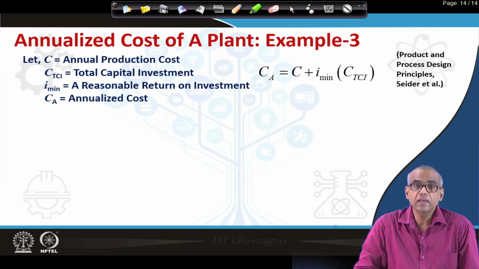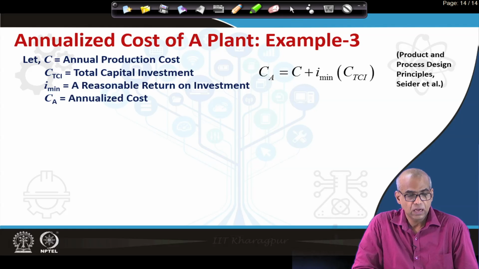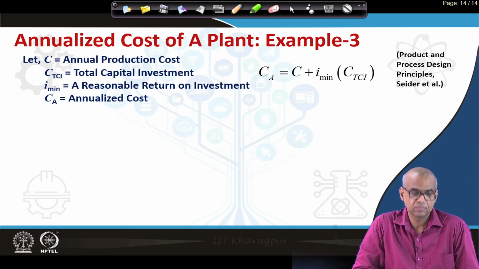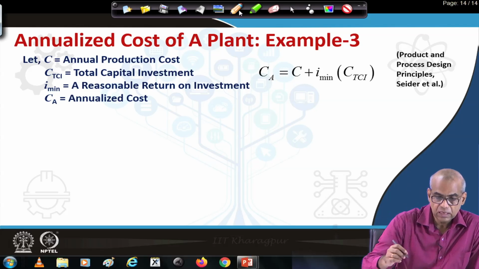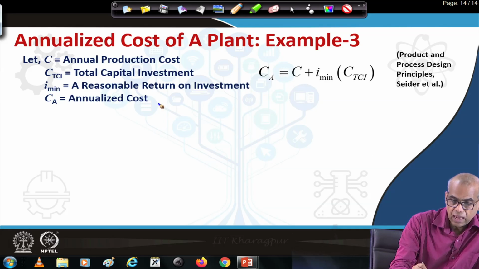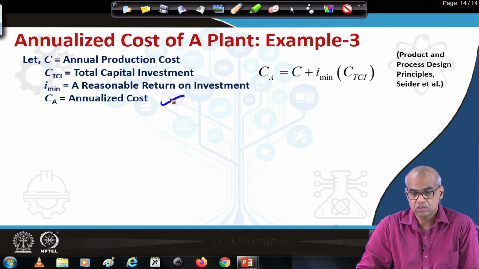Let us take another example, and now we will talk about annualized cost of a plant. Let us see the annualized production cost. C TCI is the total capital investment, I minimum is the reasonable rate on investment, and CA is annualized cost.